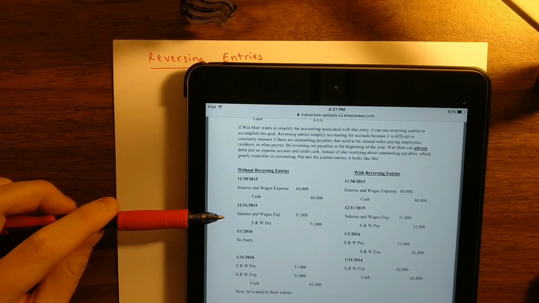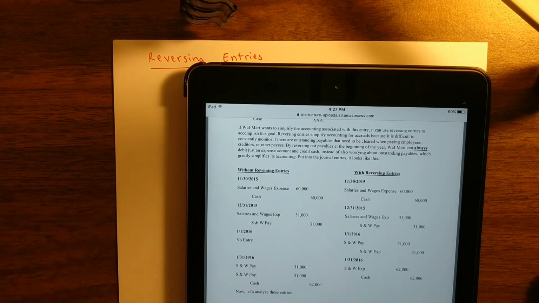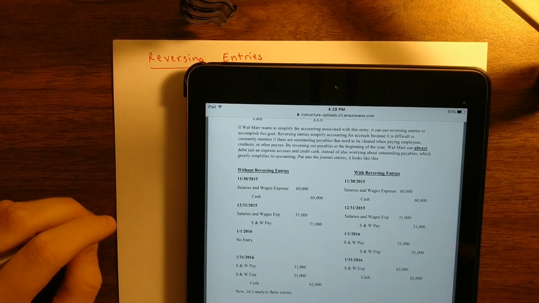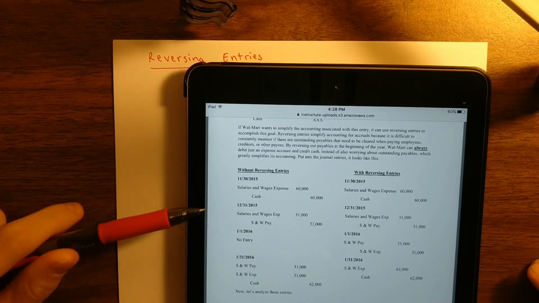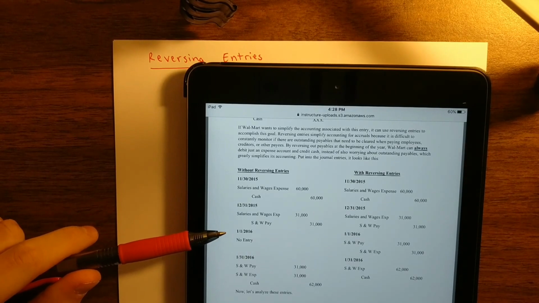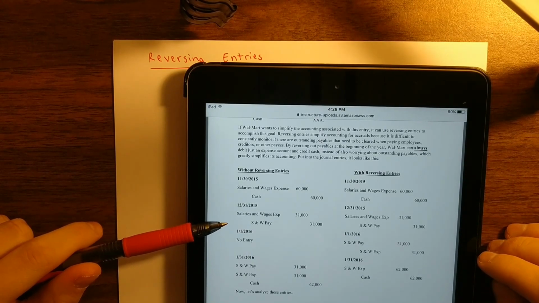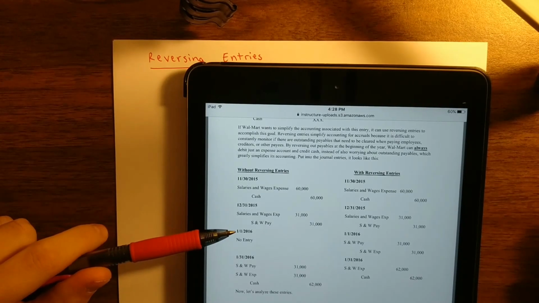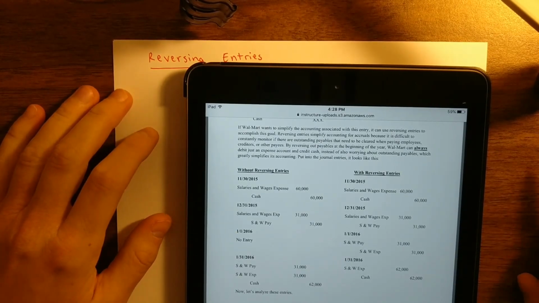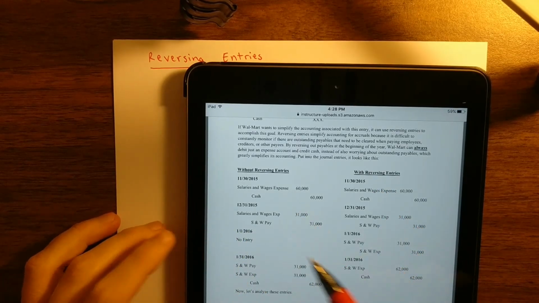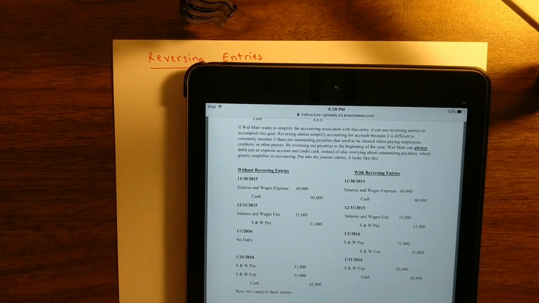Then we have this entry on 12/31 of 2015, which is an accrual, an adjusting entry where we're saying these employees have worked for us and we owe them $31,000. So we debit salaries and wages expense and credit salaries and wages payable for $31,000, and that's the same whether you have reversing entries or not. So there's nothing different there.